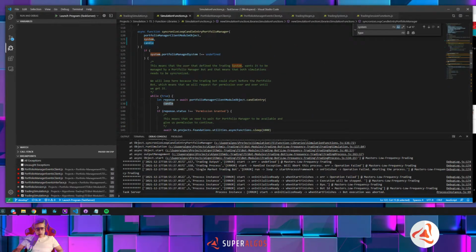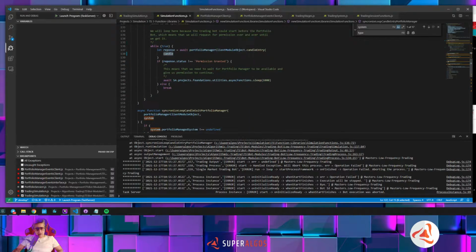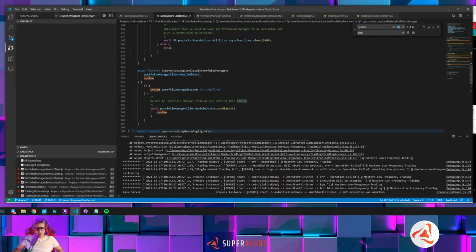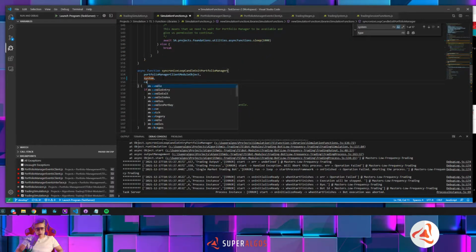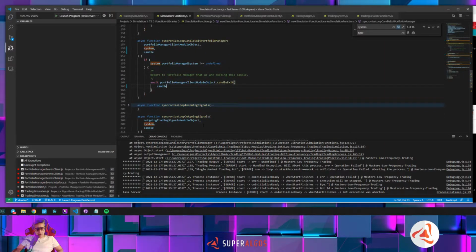Okay, so at this simulation synchronize at candle entry and candle exit, we will have the candle here, and instead of sending the system, we are going to send the candle.